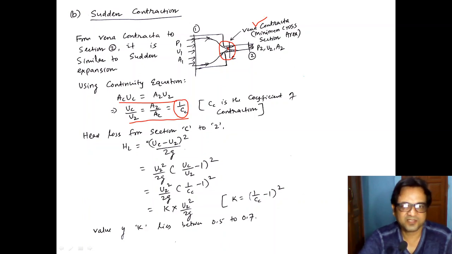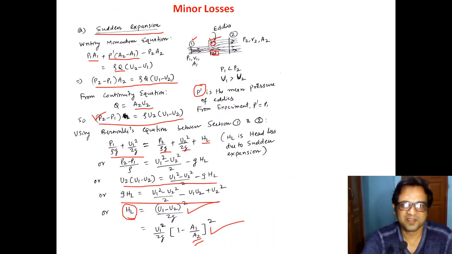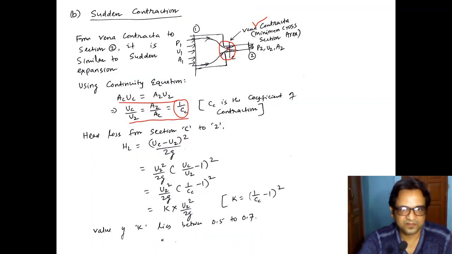Now the head loss from section C to 2 is similar to sudden expansion. We have already derived the formula for sudden expansion, so I can use this formula. HL equal to (UC minus U2) square by 2G.